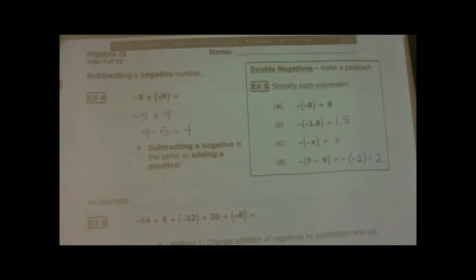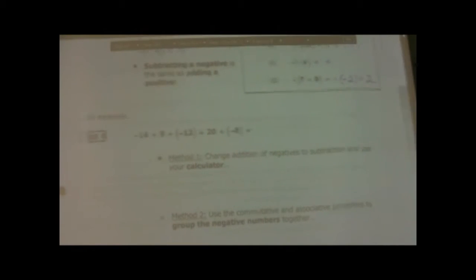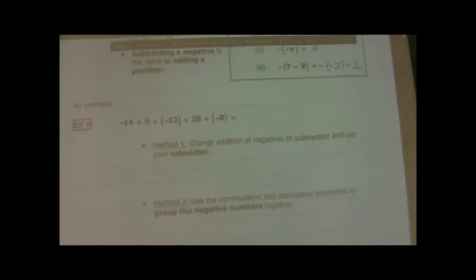All mental. Super quick. Now, here's a longer problem, and there are two ways that we can handle a problem like this. One is, we can chunk this whole thing into our calculator. But if we do that, let's not put negatives in, alright?